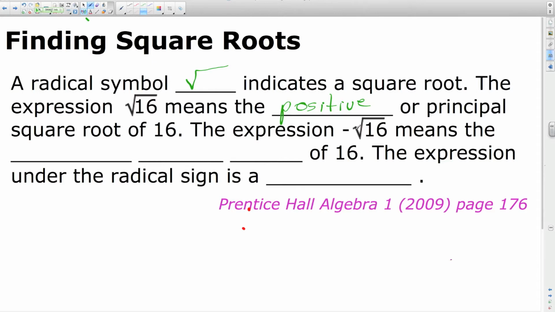The expression negative square root of 16 means the negative square root of 16. The expression under the radical sign is a radicand.